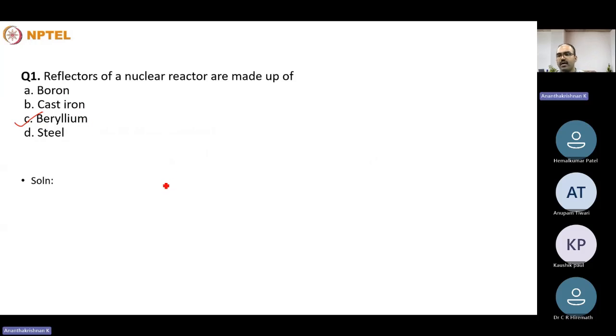Before actually solving this problem, you should identify what a reflector is, why it is used in a nuclear reactor, and which properties a reflector requires to be used in the nuclear reactor. One of the most important aspects of the nuclear reaction that happens in a reactor is that the fuel they use is very costly.